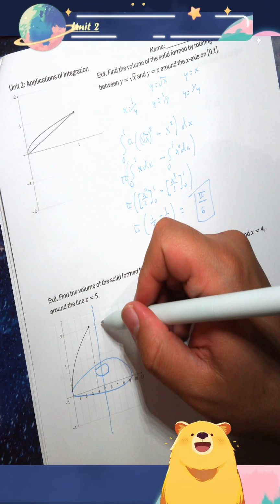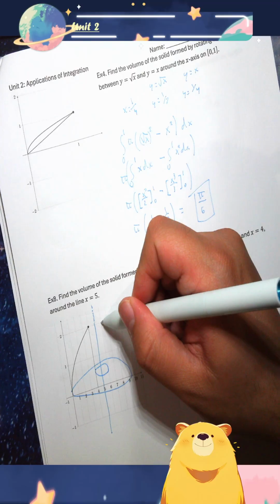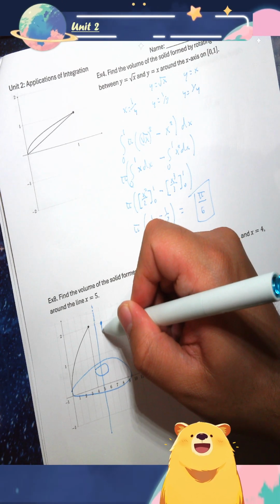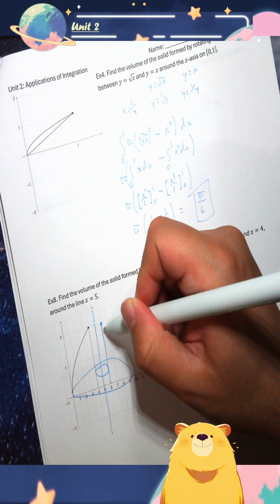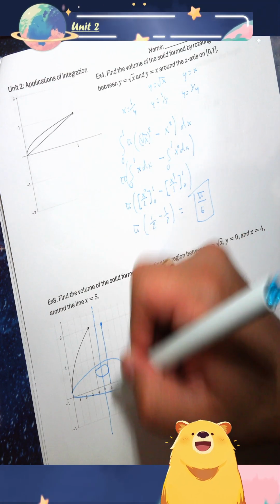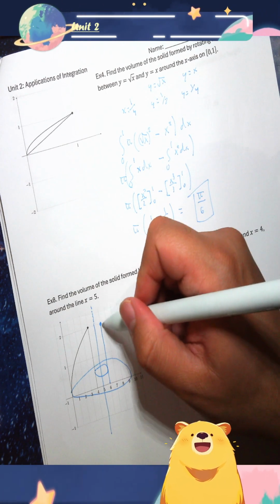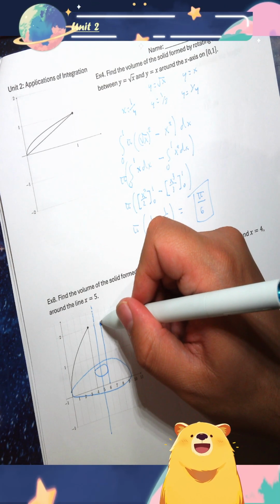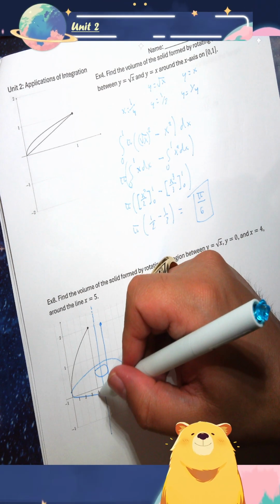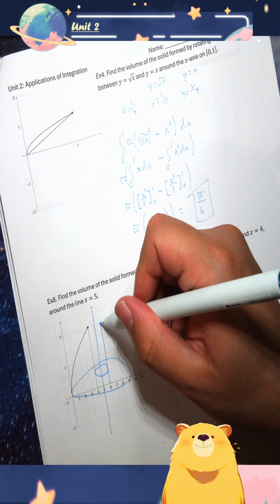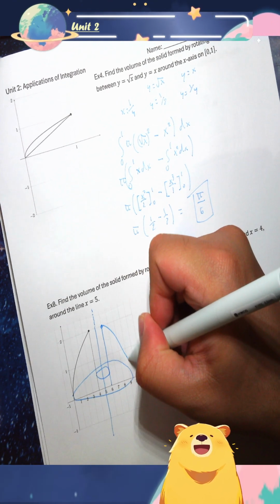Which in reality, if we're mirroring, means that it would look like this. And if it comes down in 4 steps, it's going to come down here in 4 steps as well.